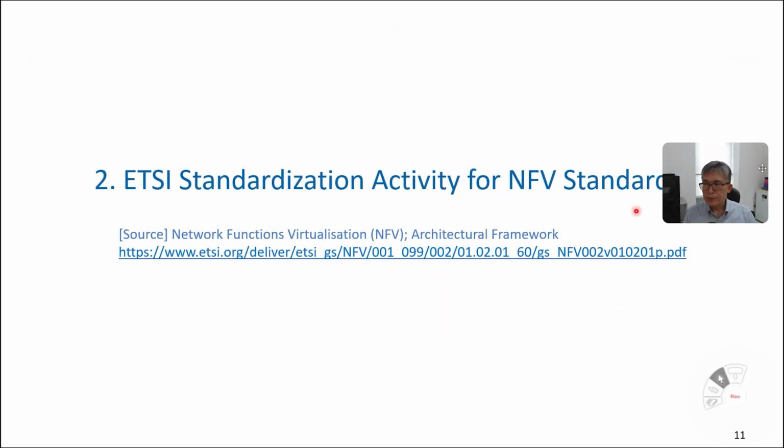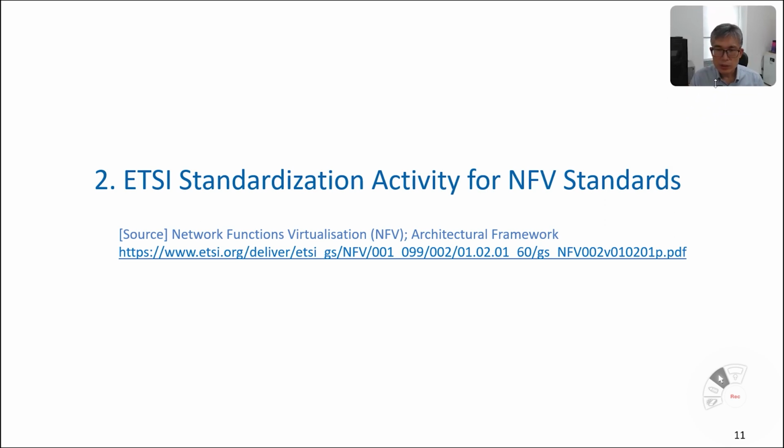Okay, let's move on. The second topic is ETSI standardization activity for NFV standards. You can click this link, and then you can see the ETSI standardization document, the NFV architectural framework.